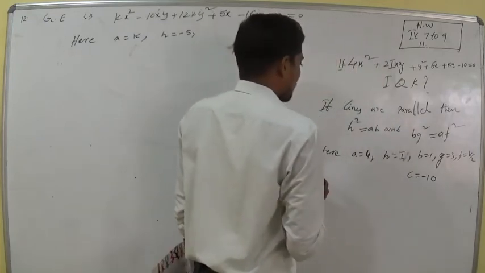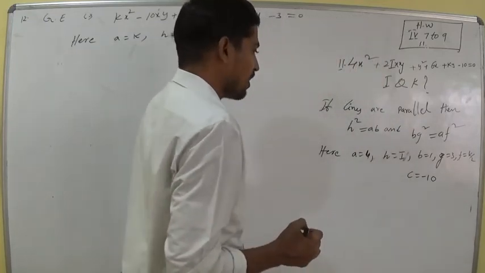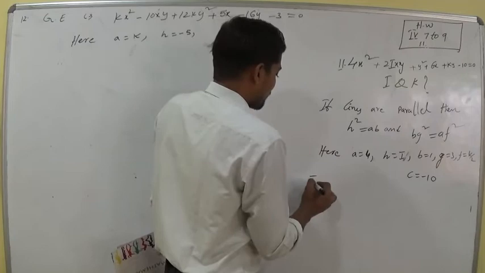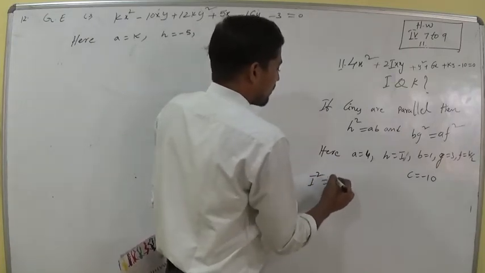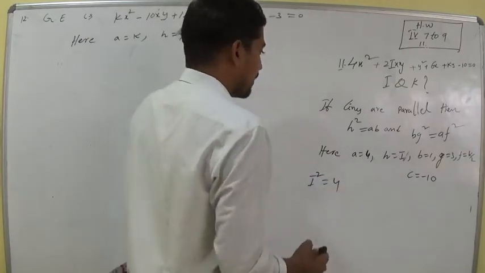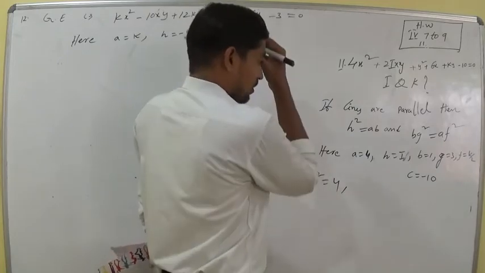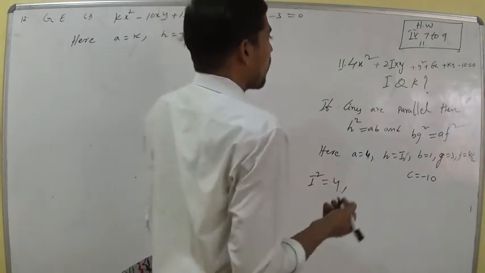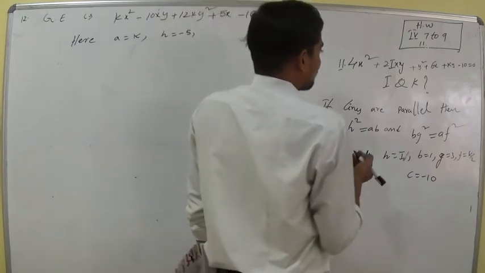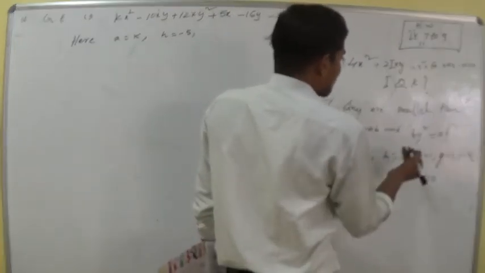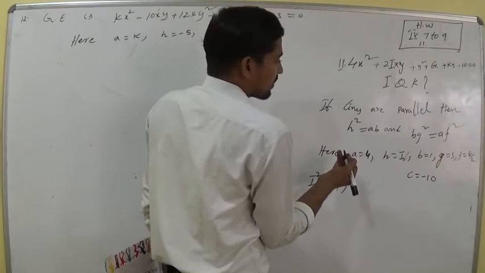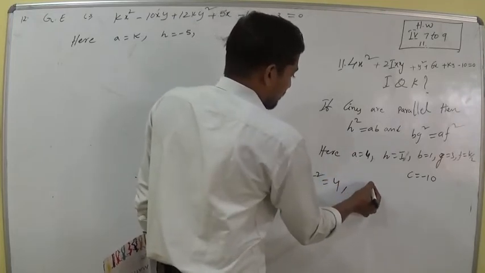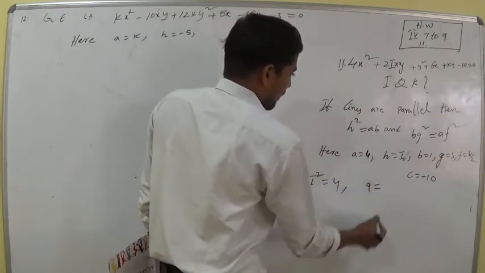First, h square is equal to ab, so i square is equal to 4. Second, bg square is equal to af square. b is 1, g square is 3 square, which is 9.